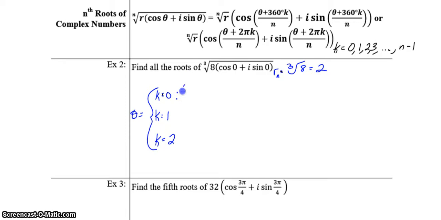So the original 0 plus 2 pi times the k over 3, the index. And that's 0. 0 plus 2 pi times 1 over 3. 2 pi plus 0 divided by 3. Now plug in 2 for k.